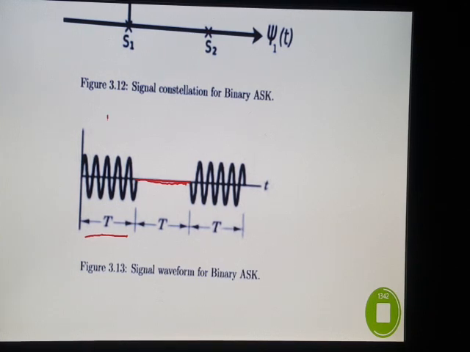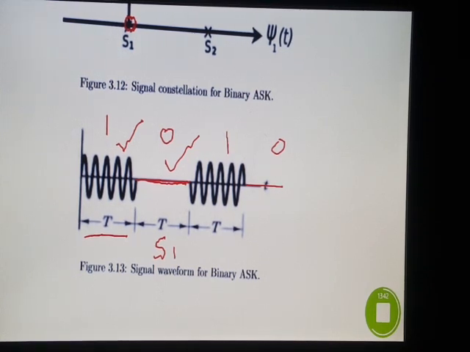So if this is the representation of a 1, this would be 0, and so on. Ones and zeros are represented by the presence or absence of a signal. We have S1 in this interval and S2 in this interval.